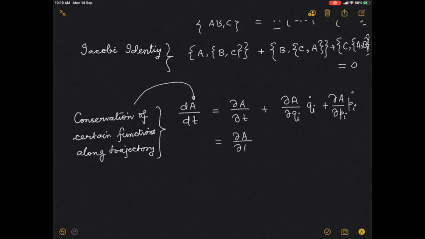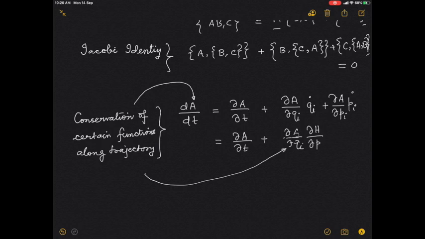And then again, if I write it down along a trajectory, qi dot is given by del H del pi. So this I can write del A del qi and then del H del pi. And this other term, this we have done before, will be minus del H del qi.